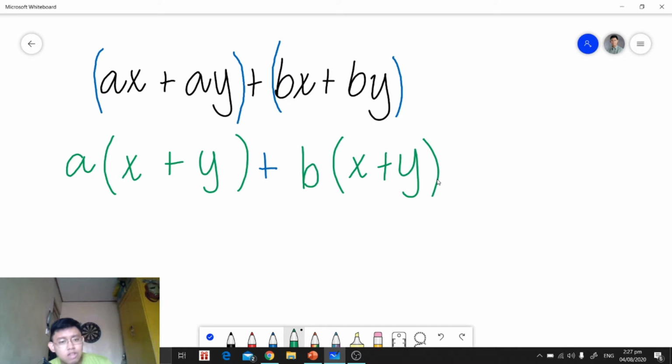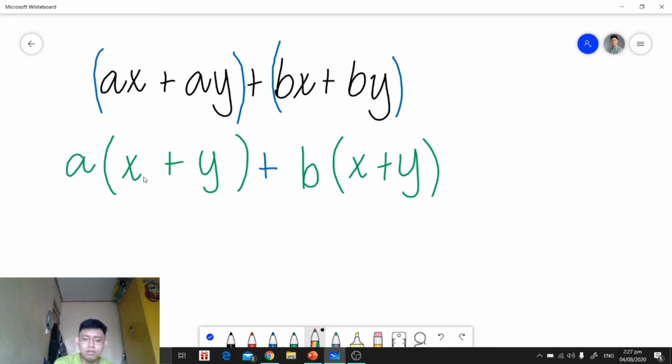Now, what can you observe? We can observe that they have a common factor, which is x plus y. Knowing that they both have x plus y, we can now factor out x plus y.